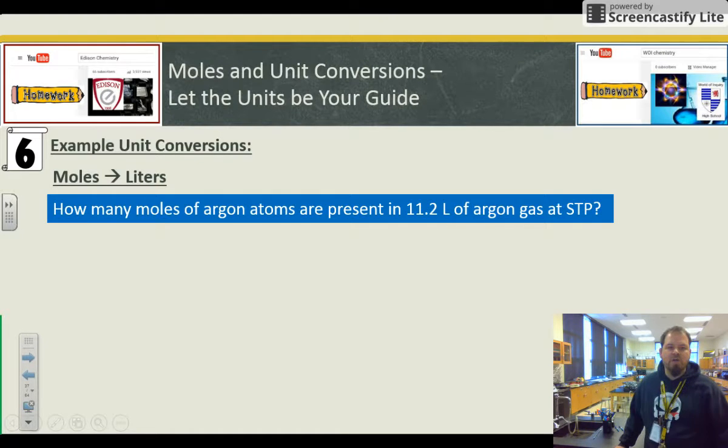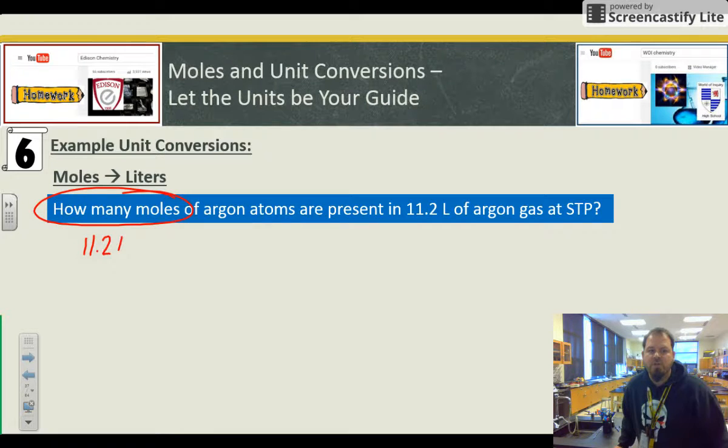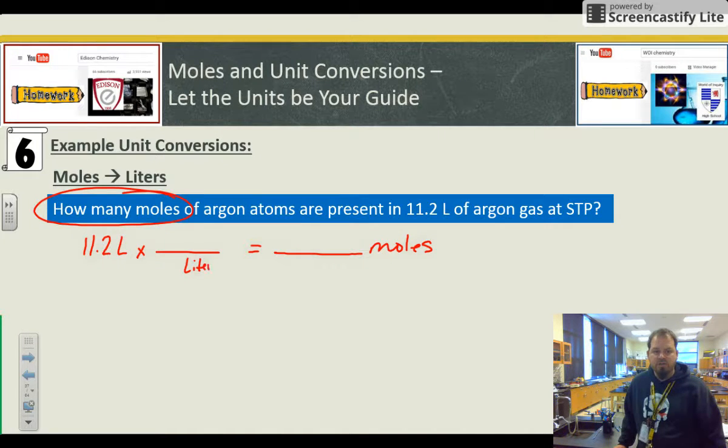How many moles of argon atoms are present in 11.2 liters? Because we're going upside down, backwards. So I'm going to start with 11.2 liters because that's what I'm given. I want to get to moles, which is circled. So I need liters now in my denominator. At STP, there is always 22.4 liters per 1 mole, and I'll have 1 mole up top.